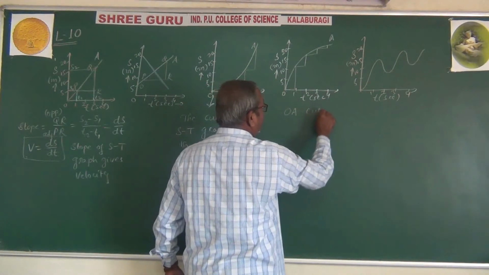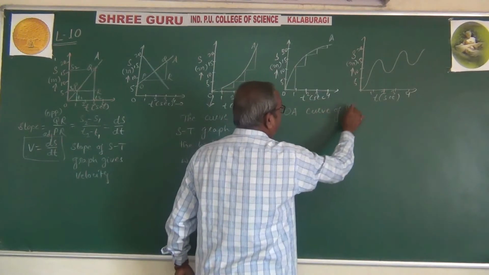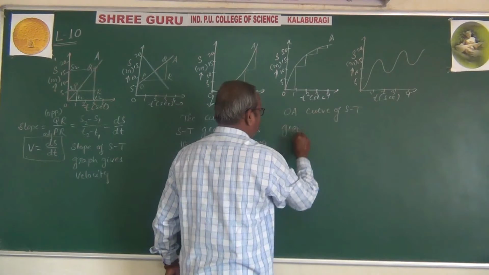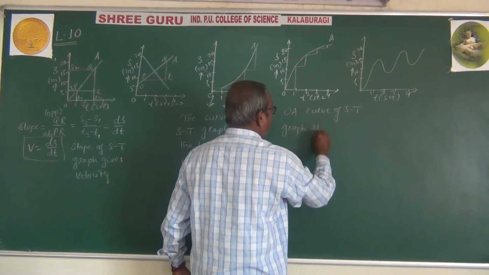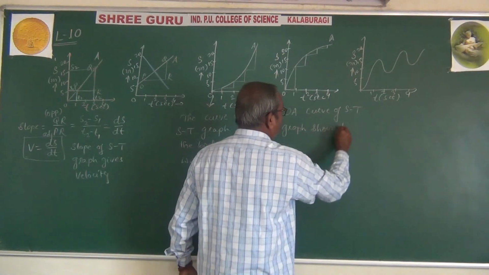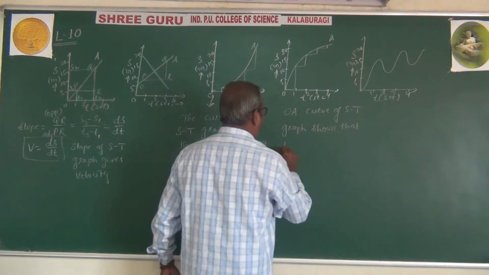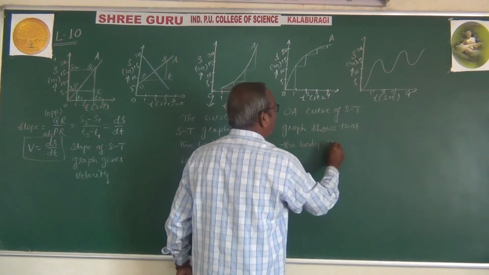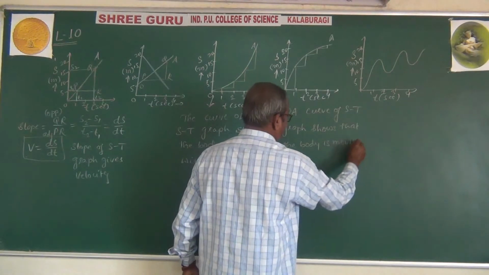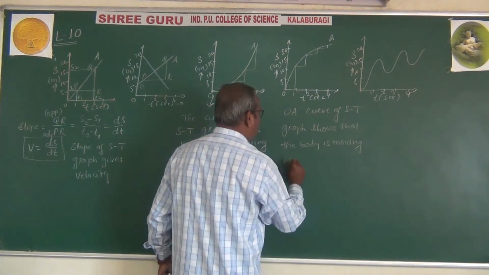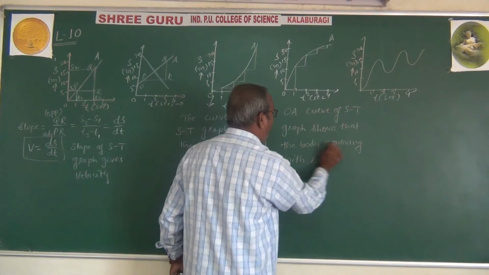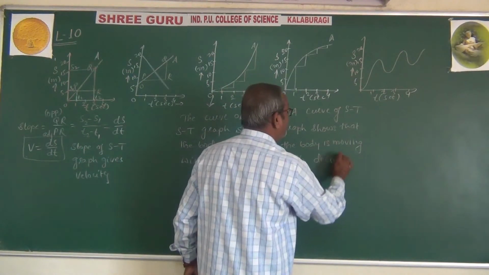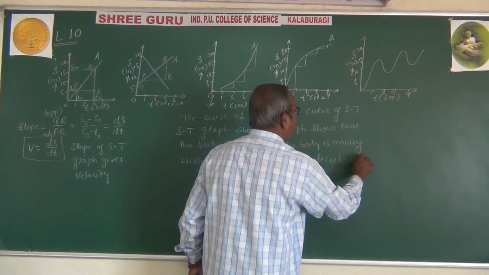the OA curve of the ST graph shows that the body is moving with retardation or deceleration.